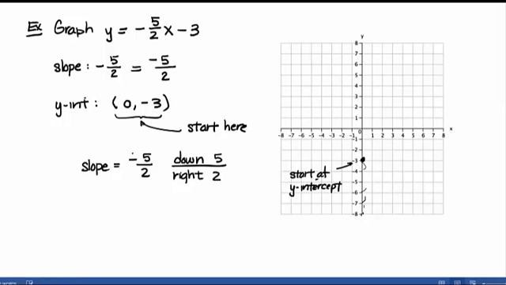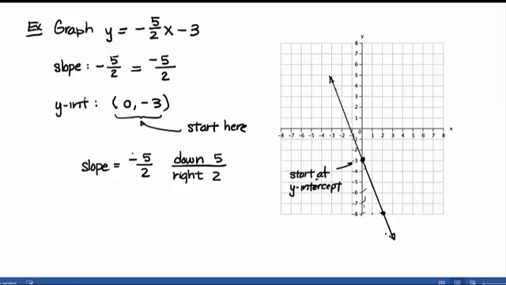And then I move to the right 2: 1, 2. So there's another point. So now I have 2 points, and I can simply draw my line. I can put some arrows on either end to indicate that my line goes on forever.